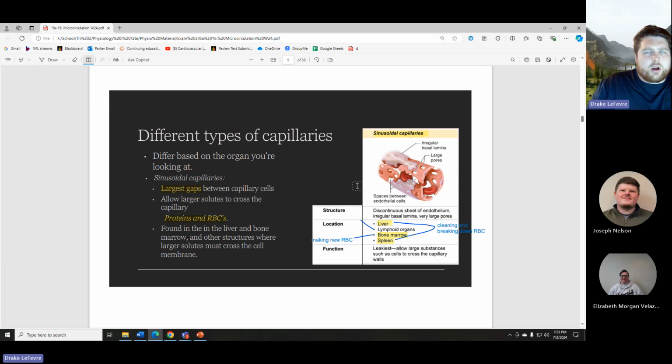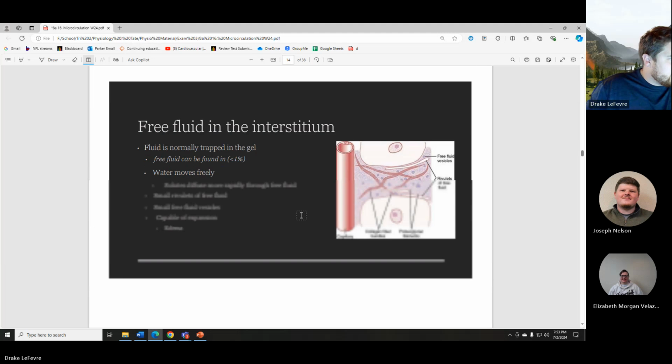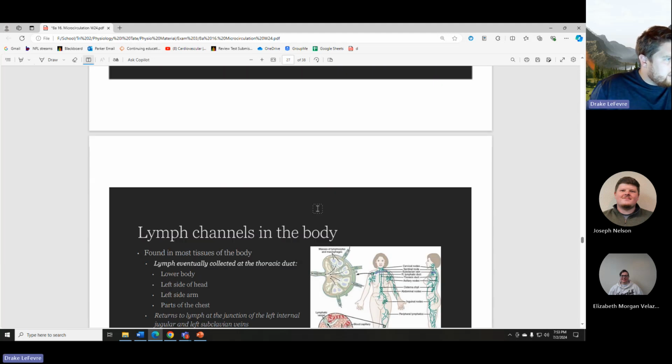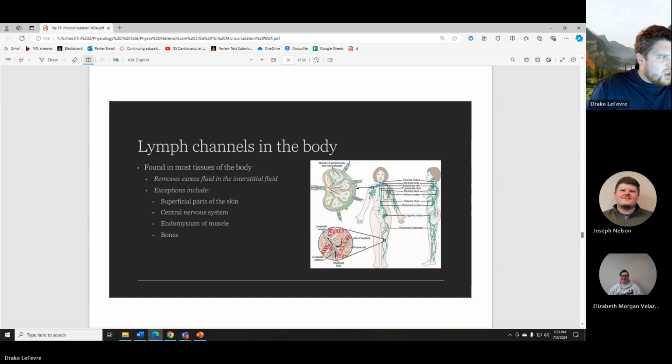As well as the lymph tissue, all of the lymph fluid has its own system. I'm assuming that we'll probably cover that later on, probably like the last slide. Yeah, I'll look at it a little bit now. We have these whole lymph channels where the lymph is all the extra fluid that carries a lot of the stuff we are pushing out of the bloodstream, and that goes into all of our different tissues.